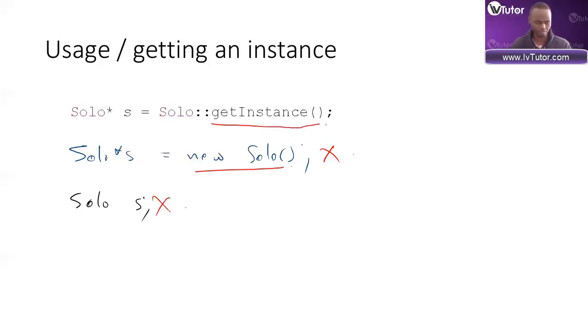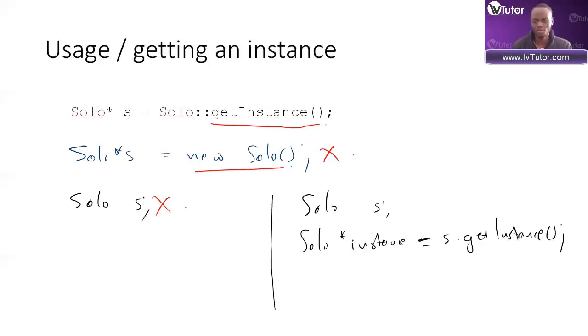And remember, one common example is where they say, what's wrong with this? You declare a variable of type Solo, then you call get instance. And obviously what's wrong is the fact that you cannot even do this for a start. This is not possible because the constructor is private.